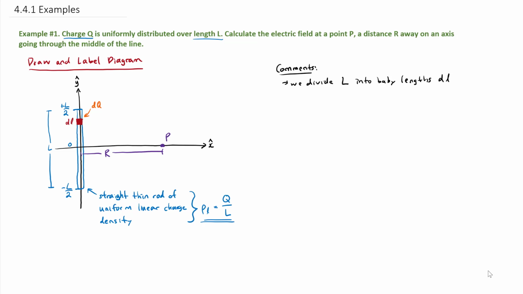And this charge dq is going to be directly a certain distance away from P, and also have a dE. So I call this R, I call this R hat for the direct distance from dl to a point P.